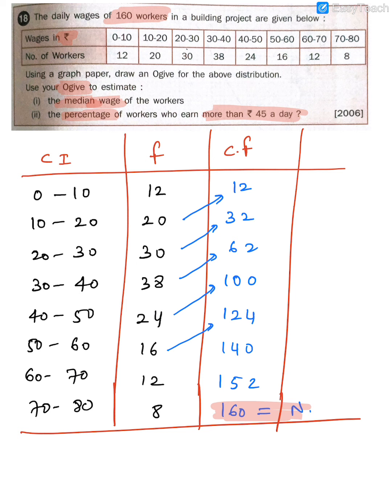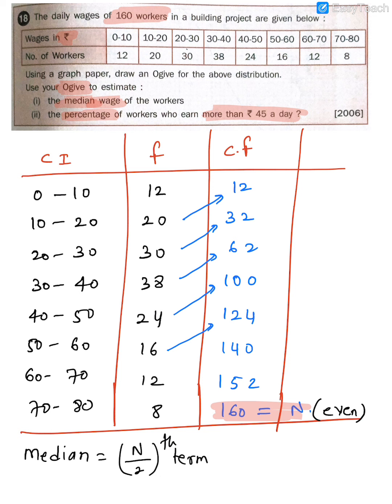Now guys, we have to find out the median. You can see the number is what? Even. Guys, now a very important thing. The number of observations is even. Remember the formula for median here. Guys, notice properly. Write it down. The formula for median is the n upon 2th term.